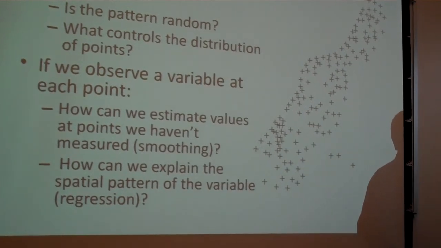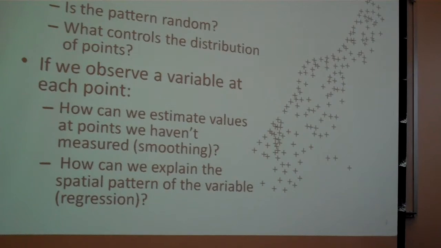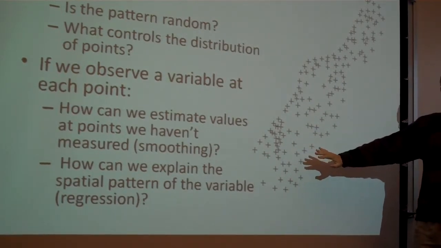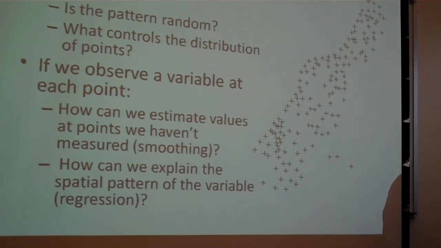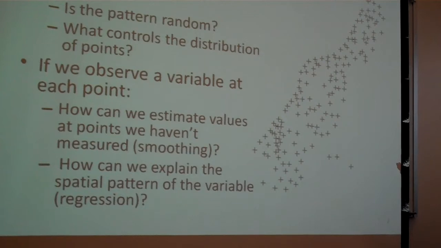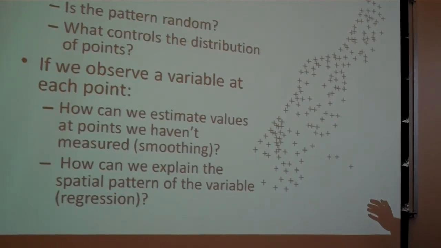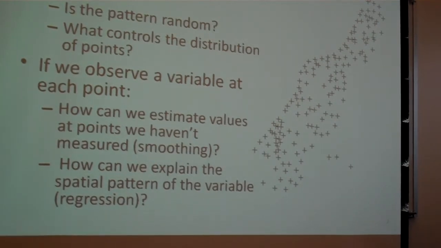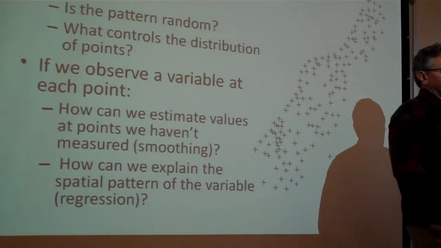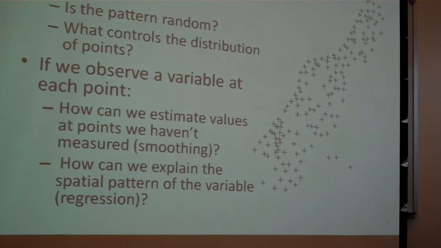So there's going to be a problem of non-independence, and so incorporating spatial dependence in regression analysis can actually completely change the outcome of your predictions. Okay, so these are the kinds of problems that we're going to be addressing in this part of the course.